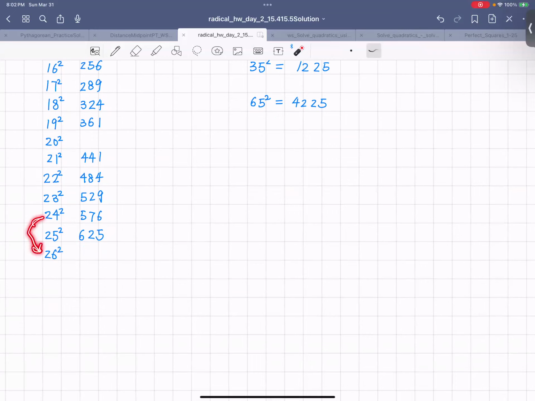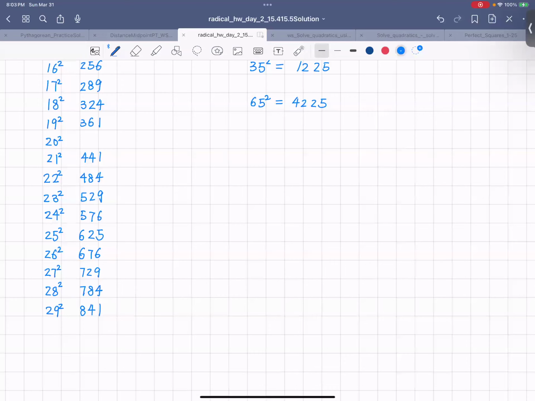And then 26 squared. I'm not too sure. Bella, do you know 26 squared? 676. Good. 27 squared: 729. 28 squared: 784. Beautiful. 29 squared: 841. Beautiful. Excellent.